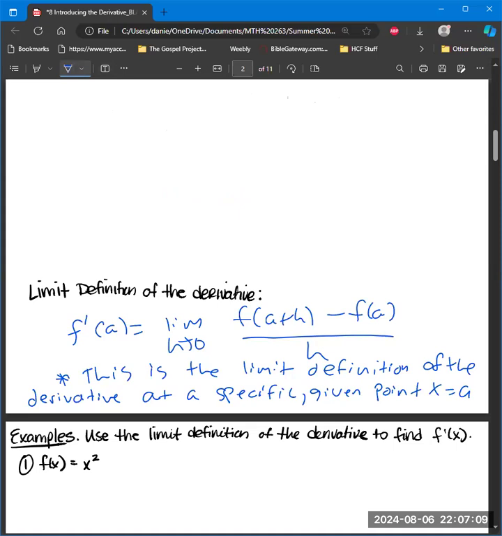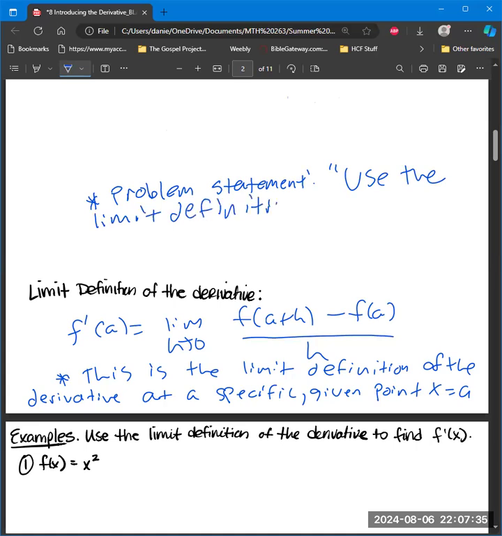Before we do though, let's just state that typically a problem will say something like, use the limit definition of the derivative, something like that. When we're told that, we're going to use this definition here.